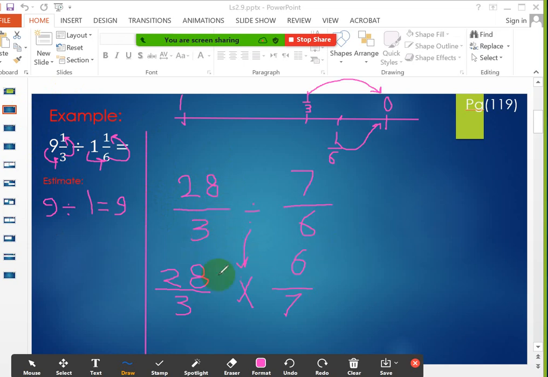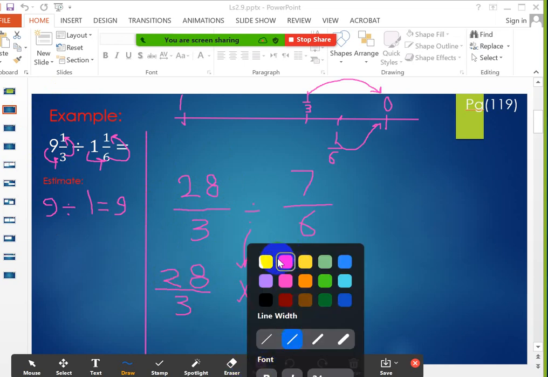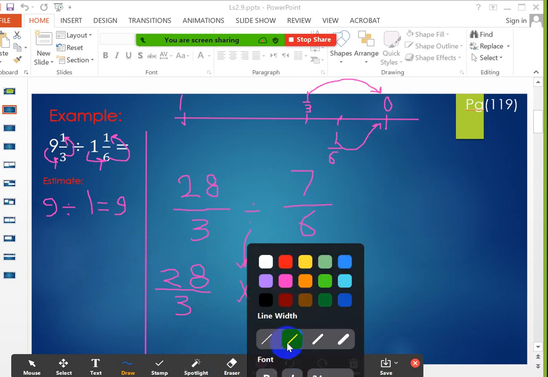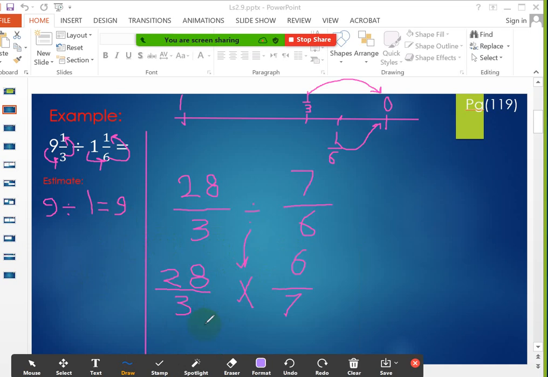So now I will multiply 28 over 3 with 6 over 7. Let's find the answer. First thing, can I simplify the multiplication before finding the answer? Yes, I can.